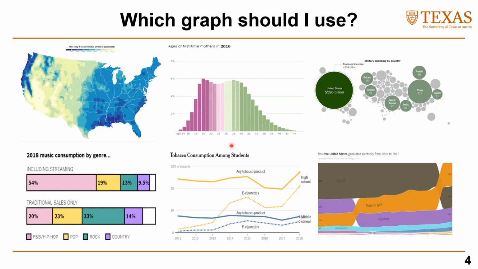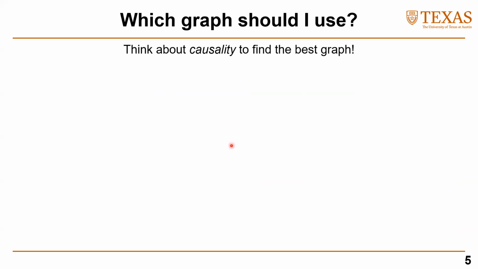But we can use an infinite number of representations and an infinite number of graphs and plots and figures to show our data. But we need to find maybe the most suitable for our purpose. And if you're thinking, okay, which graph is the best for my purpose?